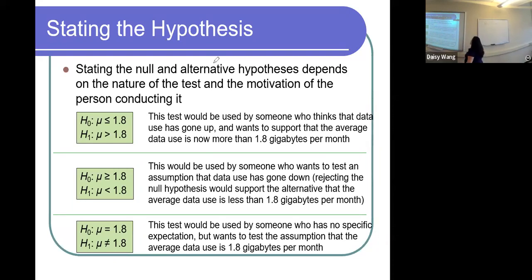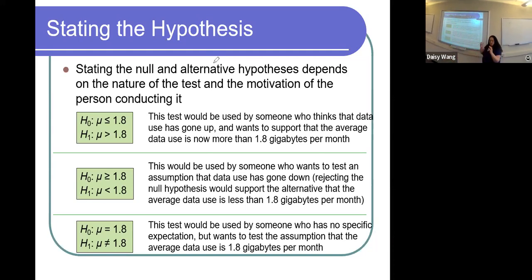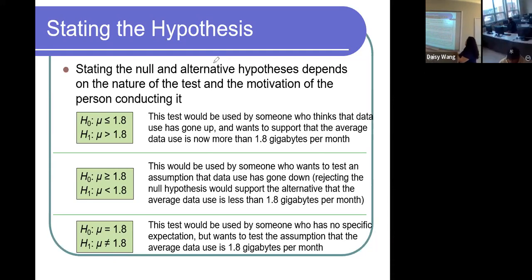Second option is we think that actually, hey, now people realize how messed up our brain would be if we use too much data. Okay, I don't know if you guys realize that, or if you feel like I sometimes feel like I'm addicted to my phone. I have to check my phone once in a while. If not, I don't feel secure. So I want to cut my smartphone usage.